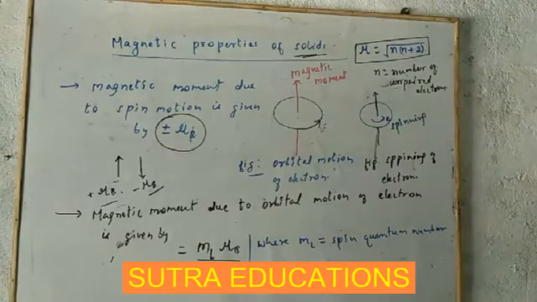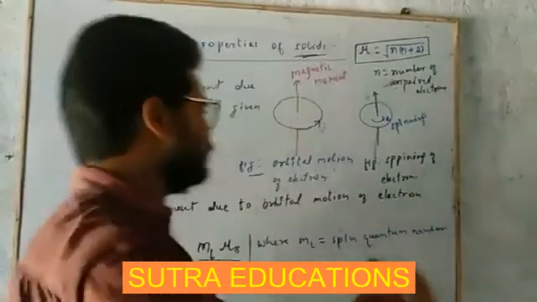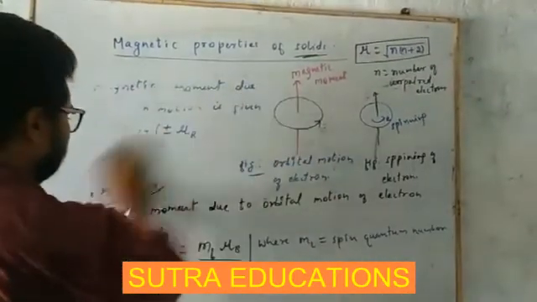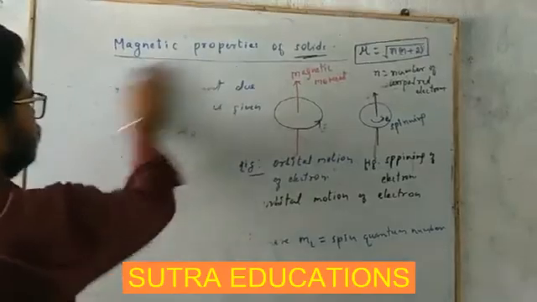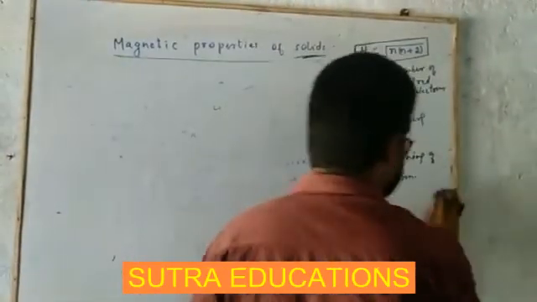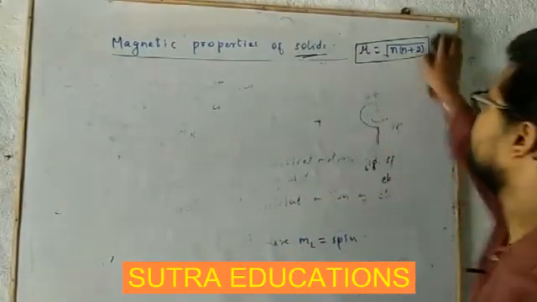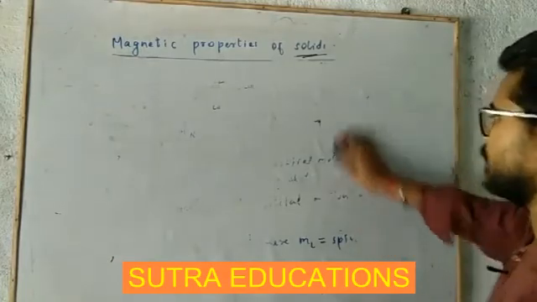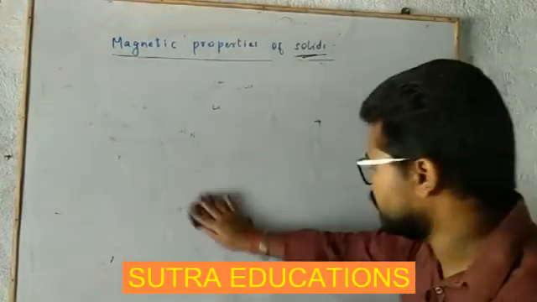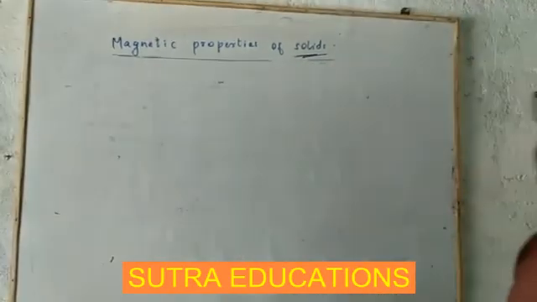We have to discuss basically 5 magnetic properties, and these are paramagnetic behavior, diamagnetic behavior, then ferromagnetic behavior, then antiferromagnetic behavior, and ferrimagnetic behavior.